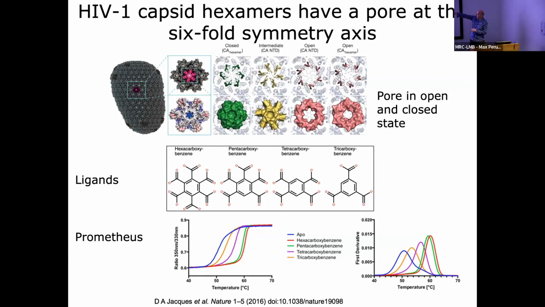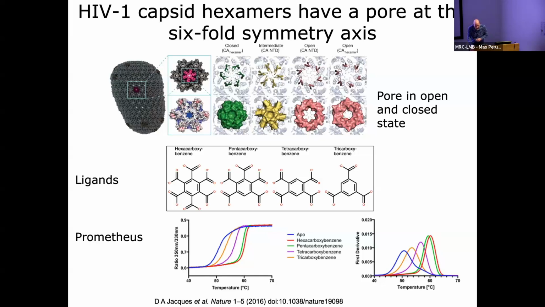They used different levels of substituted benzenes, all with different carboxyl groups, because the ring itself was quite positively charged. If you look at the bottom, blue, and then going across, you're getting more and more substituents, and you can see the melting temperature is going all the way up. So they're locking in all these subunits, and you're getting much more stability.